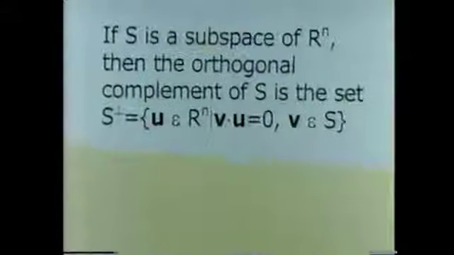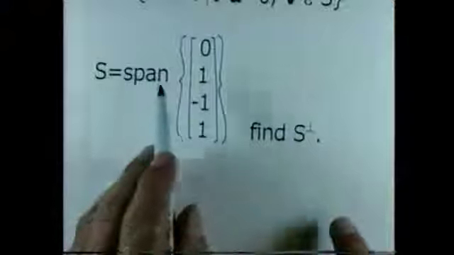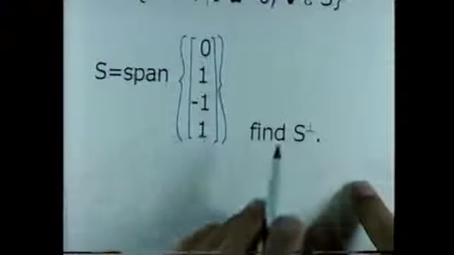Well, let's do an example there. S is going to be the span of 0, 1, negative 1, 1.